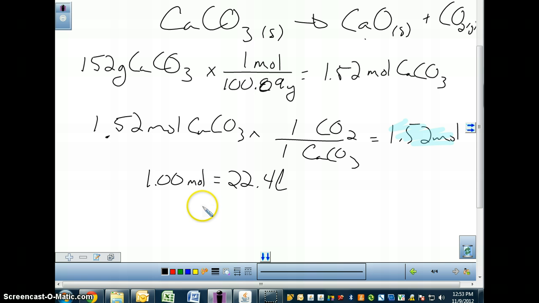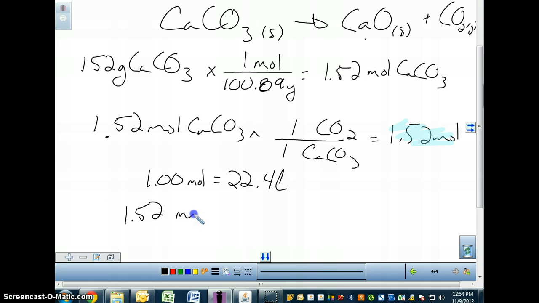I could go ahead and use that standard temperature being 273 Kelvin, that standard pressure being 1 atmosphere, and do a PV equals nRT. However, this is much, much quicker because I've got a little over 1.5 moles. So I'm going to have a little over 1.5 times that 22.4.